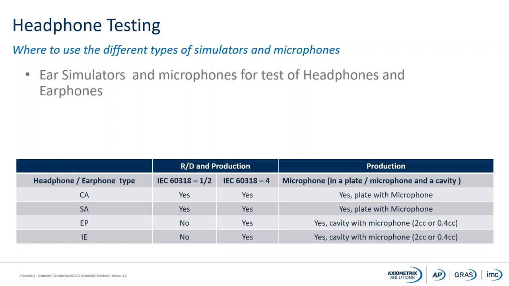For doing tests in a production environment of earbuds and in-ear headphones, we need a cavity, we need a volume, we need to simulate an ear canal, so we can place our earphone inside the ear canal. And for this, we could use, as mentioned before, the 2cc or the 4cc ear coupler.